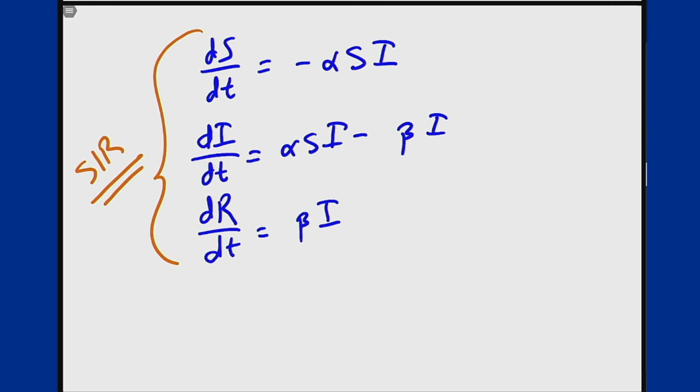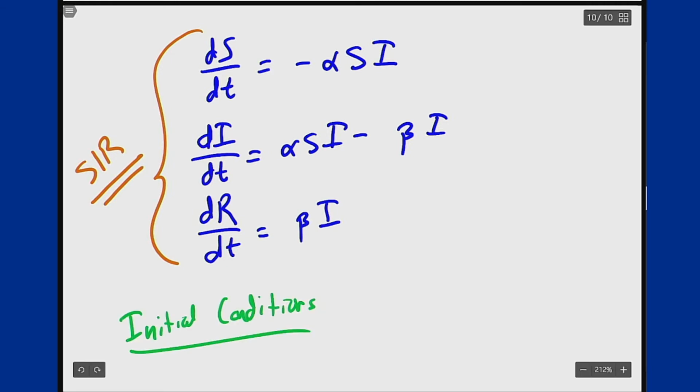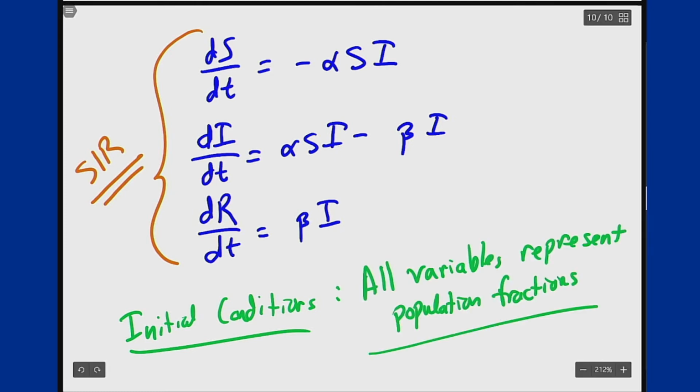Now, for initial conditions, these equations work and are most accurate when all these variables represent population fractions. That is, S is the proportion of the entire population that is susceptible, I is the proportion that is infectious, and so on. With that, these equations work and can model them.